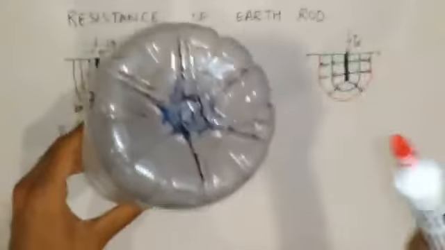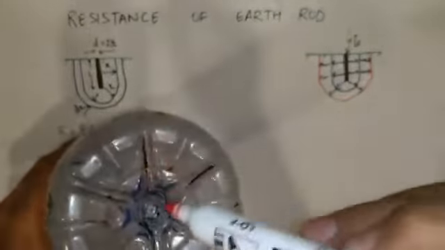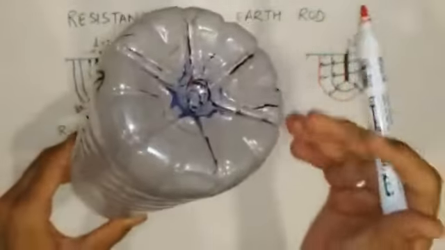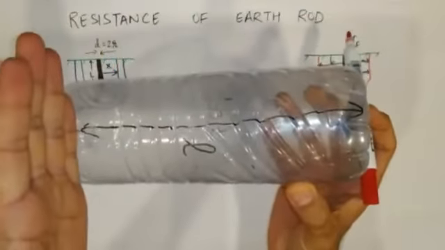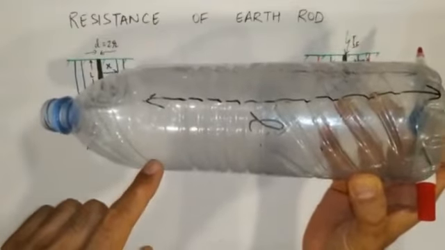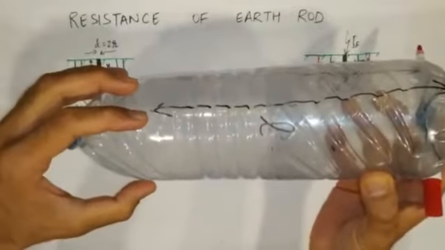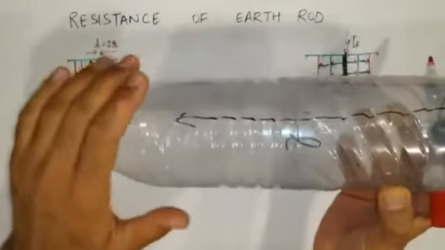So suppose the electrode is going inside this and the current is going radially, so it is forming a cylinder till the length of the electrode, and once you go ahead from the length of the electrode, it will spread the current outside and form a shape which is hemispherical.